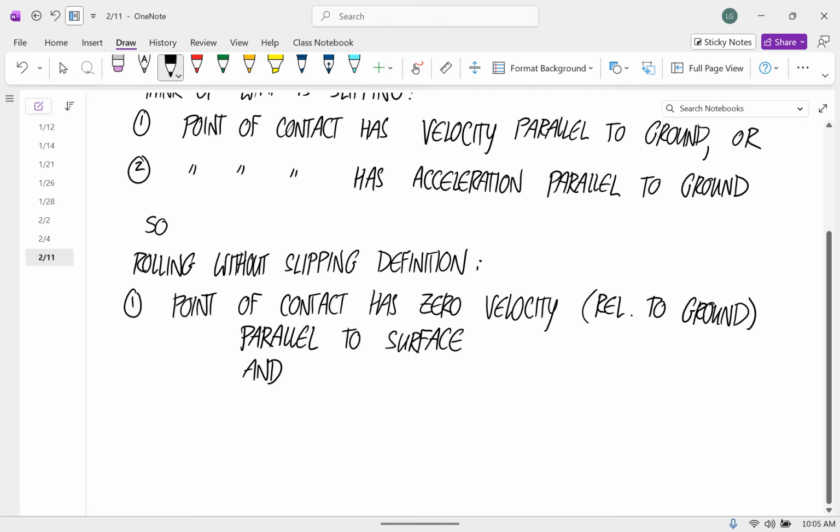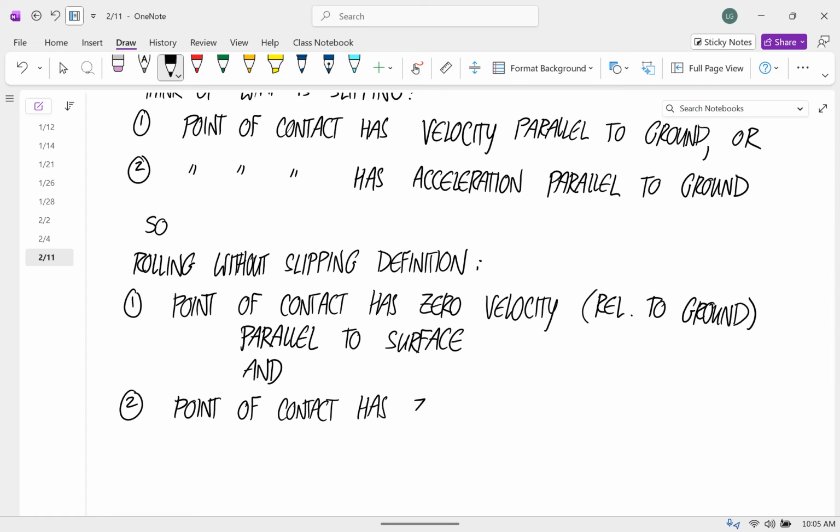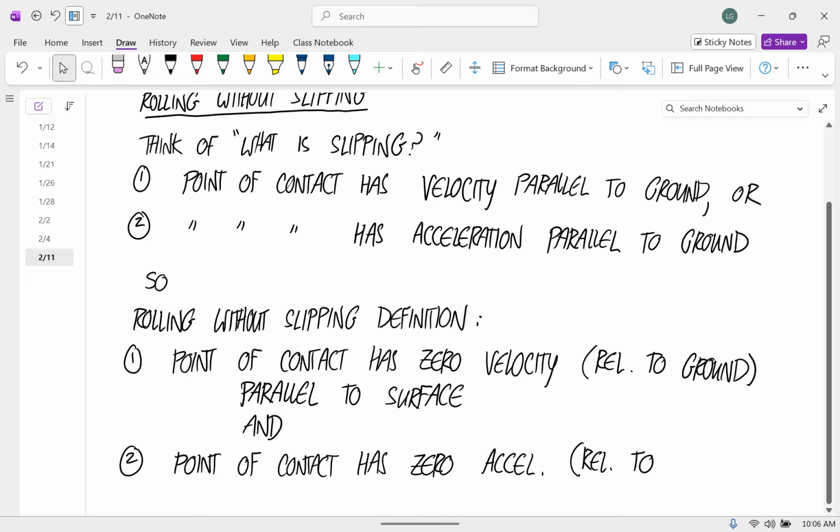And the point of contact has zero acceleration relative to, sorry to make your notes ugly, but let's correct this. Let's make a distinction between the ground and the surface. So I'm going to change this to the surface that it's rolling on.